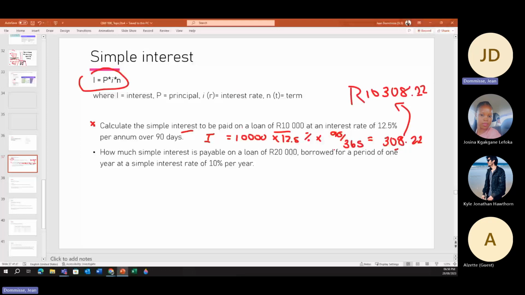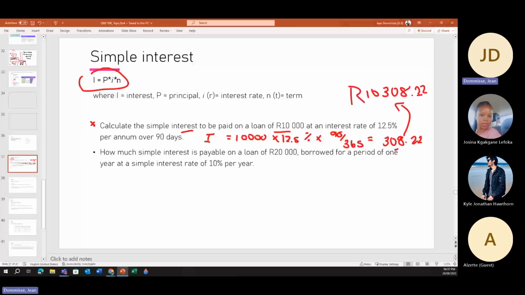It might be that they say 360 days or something, but then they need to tell you that. Otherwise we assume that it is 365.